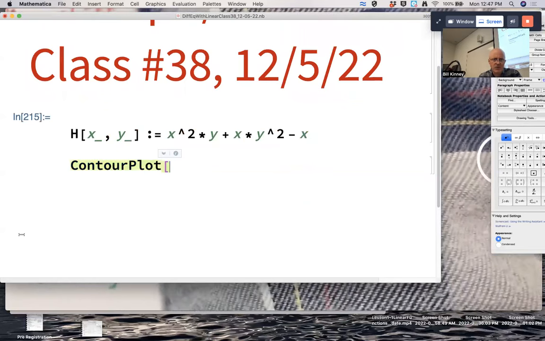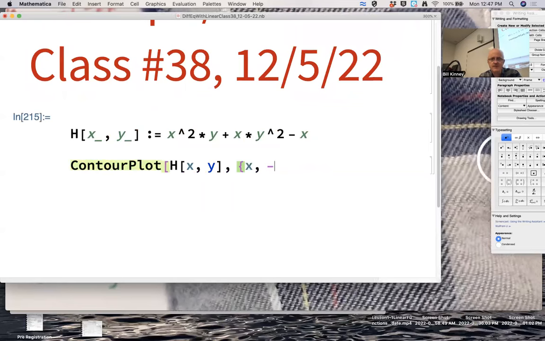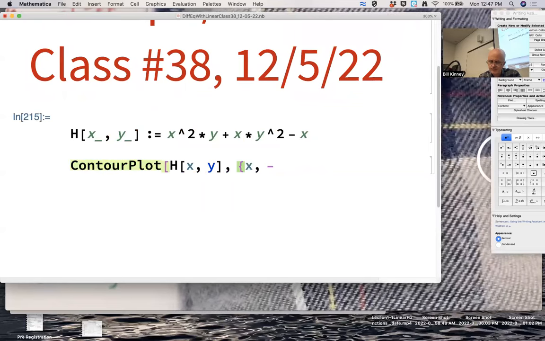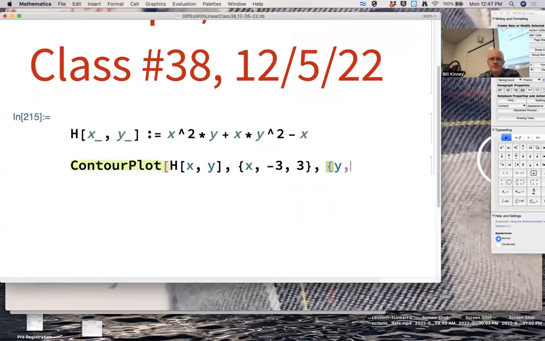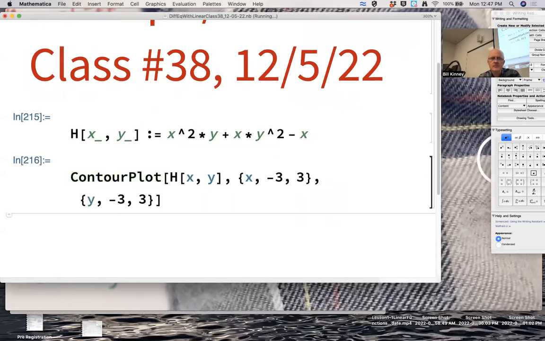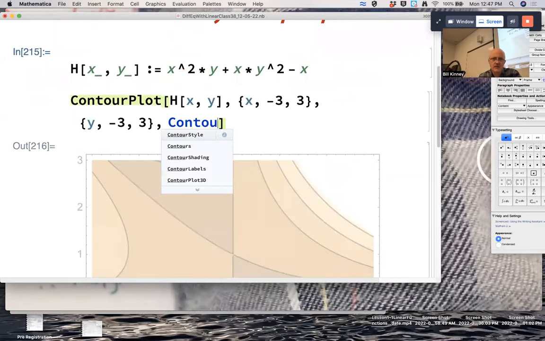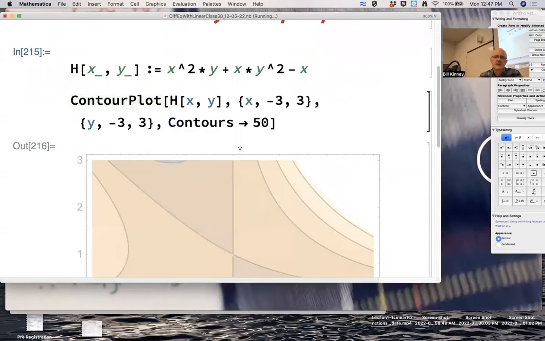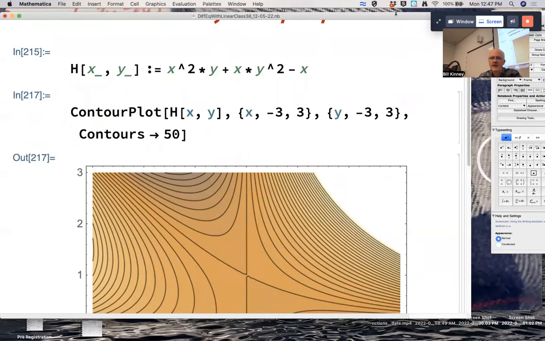Making just a basic contour plot of this shows you its level curves. And adding more contours is typically a good idea, so you see more of them. Now, nothing about differential equations there. That's just a multivariable calculus graph.